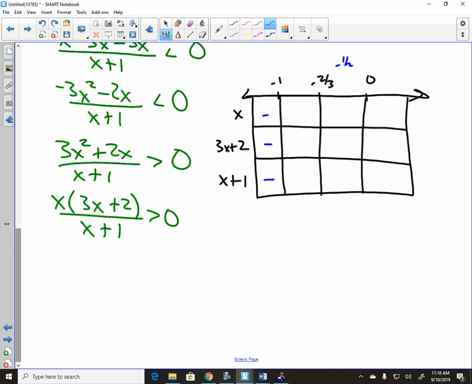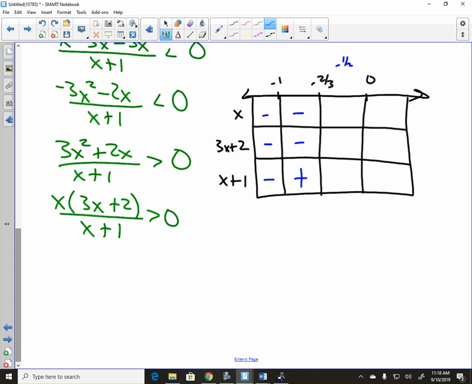I personally, at this point, I just like to think of a decimal. You all okay with that? What's a decimal between -1 and -2/3? -0.8. So -0.8 is negative. 3 times -0.8 is -2.4 plus 2, that will be negative. And -0.8 plus 1 is positive.